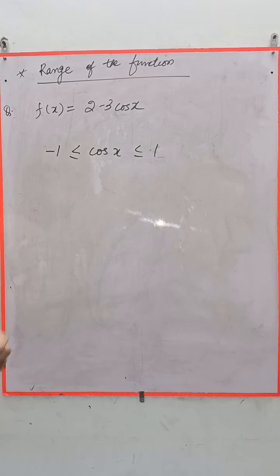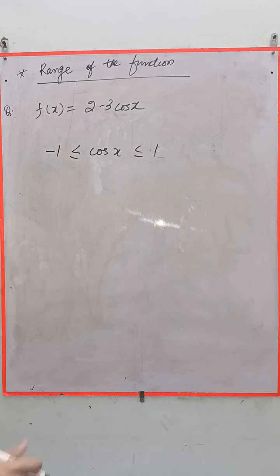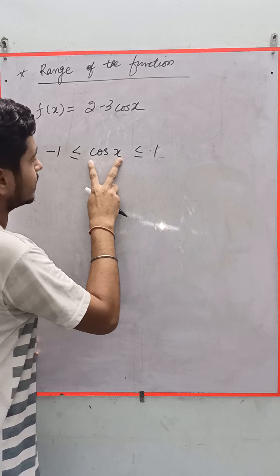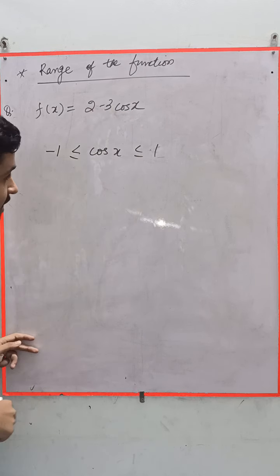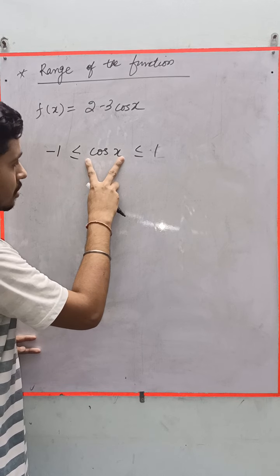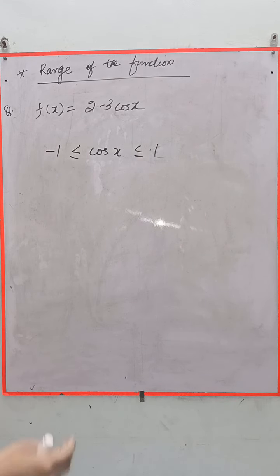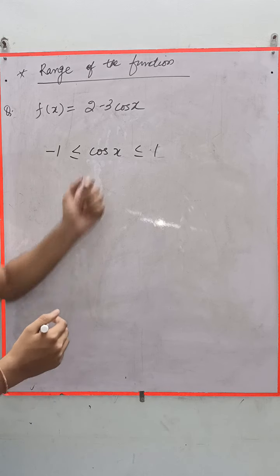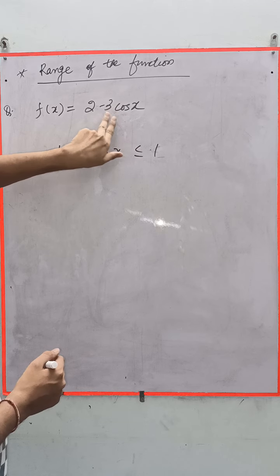Now for finding the range of this function, we need to mold this cos x according to the given question. I repeat, you need to mold cos x according to your function. Starting with cos x, the coefficient of cos x is 3.